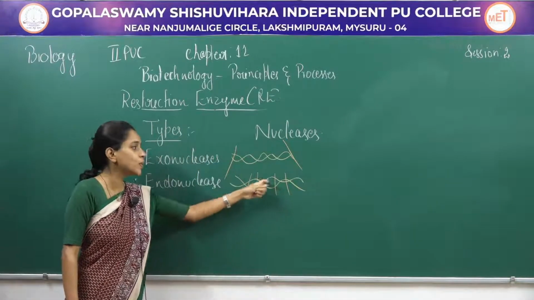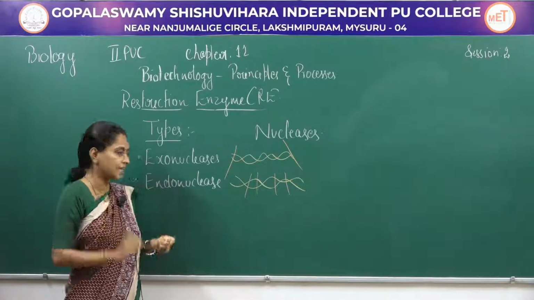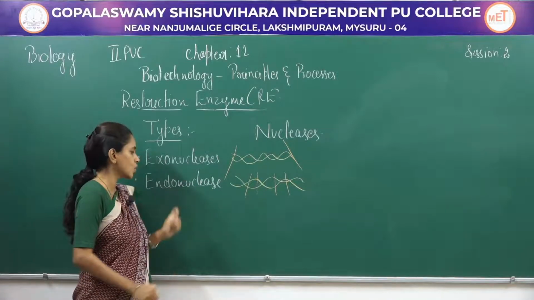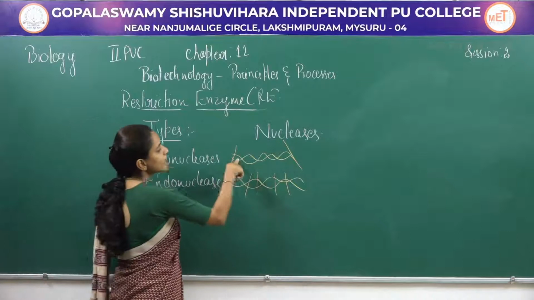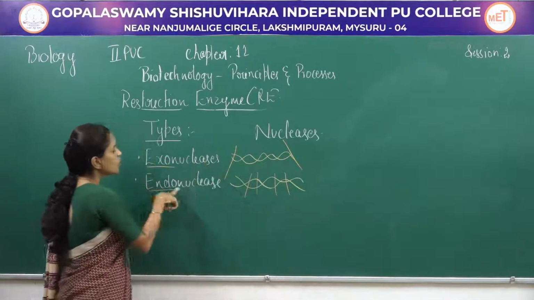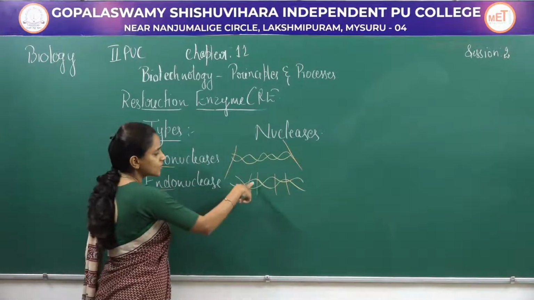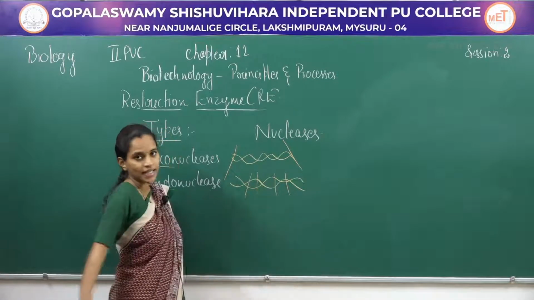That means in between the DNA sequence also they can act and break the specific region. That is endonuclease, as the name suggests, endo and exo. Exonuclease restriction enzymes act on the ends of the DNA, whereas endonuclease enzymes are very much specific and act within the DNA.